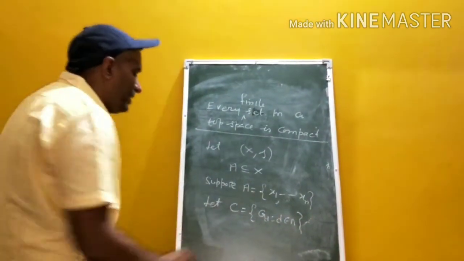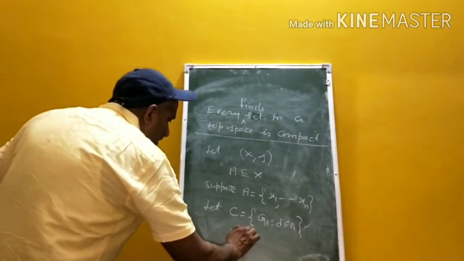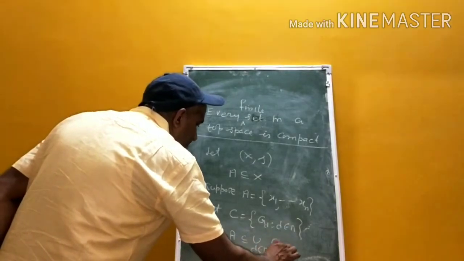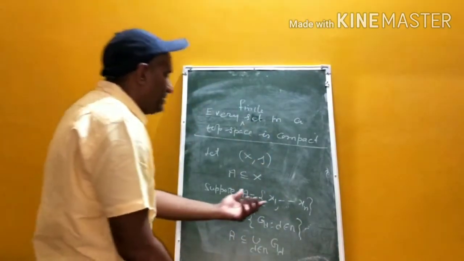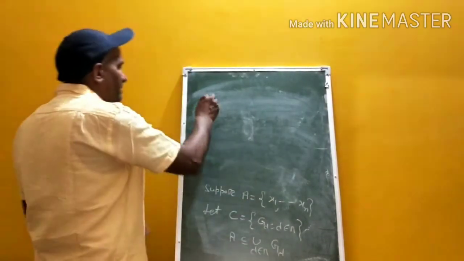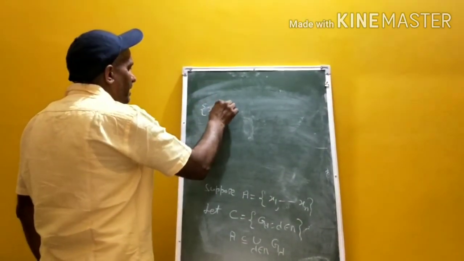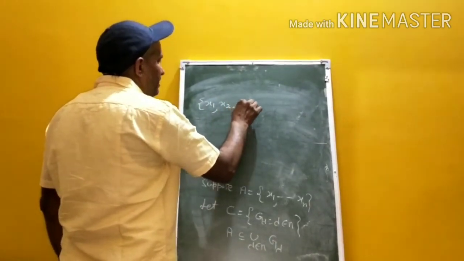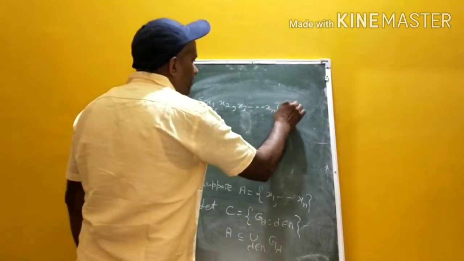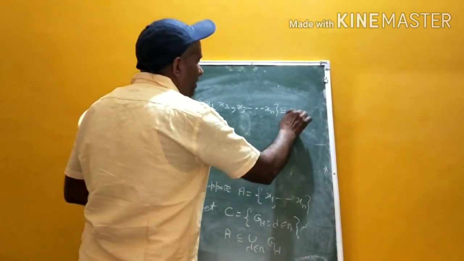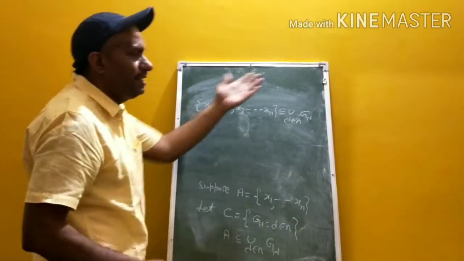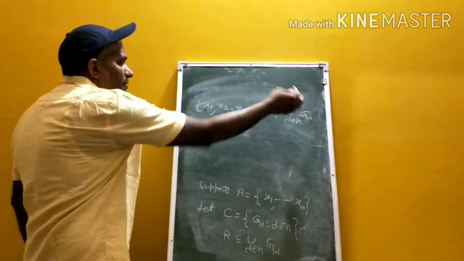If it is an open cover of A, then by definition A is contained in the union over lambda belonging to gamma of G lambda. Now A has elements x1, x2, x3, and so on up to xn, contained in this union. We pick the first element; it is contained in some open set.